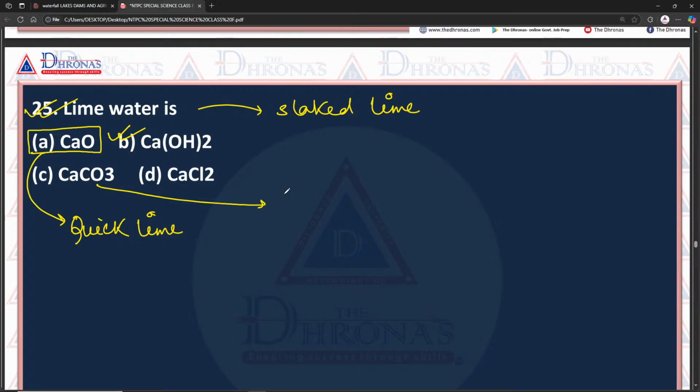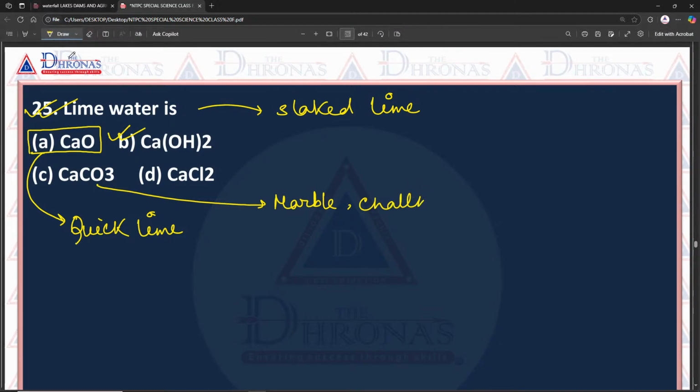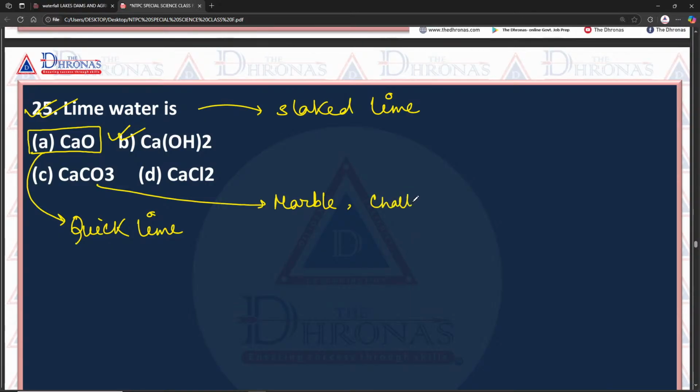Calcium carbonate is present in marble, chalk and limestone, CaCO3. Calcium oxide is known as quicklime.